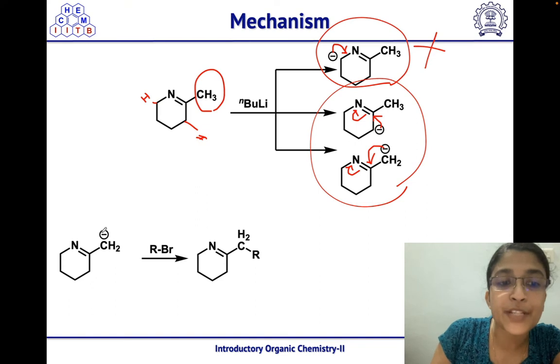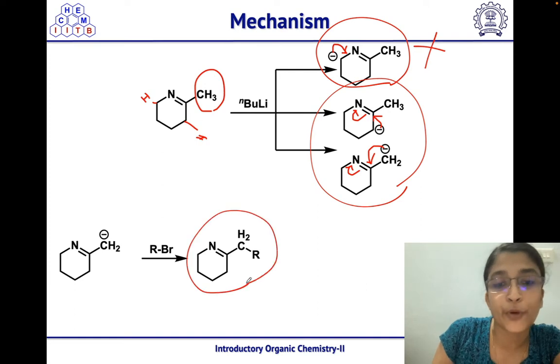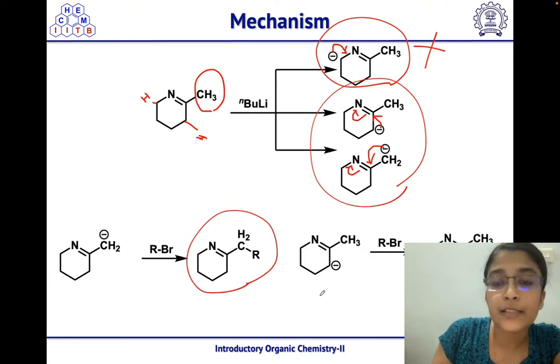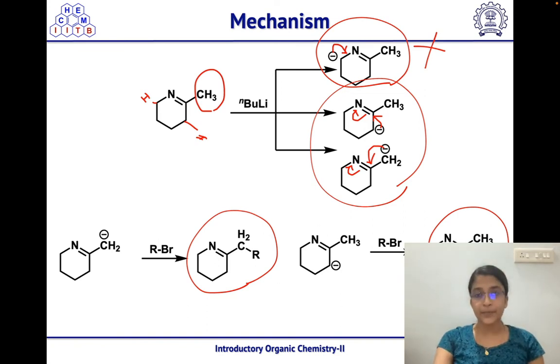If a proton is abstracted from this carbon, then alkylation will take place and it will give this product. And if the anion is formed here, then alkylation can take place and it will give this product. So both are possible.